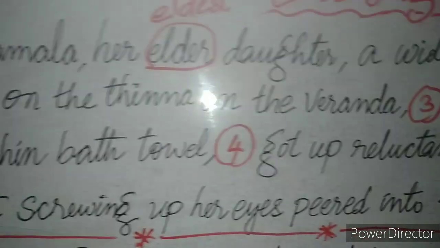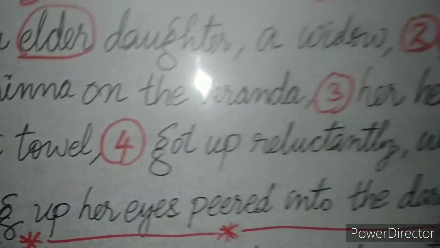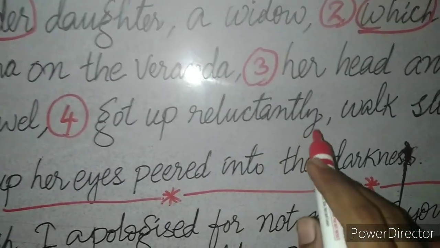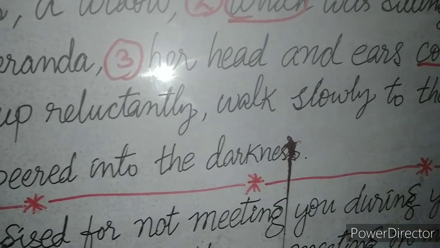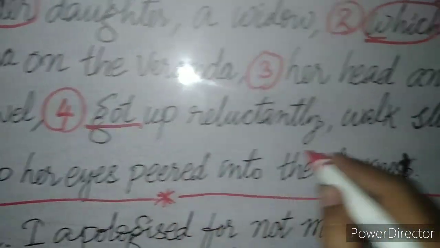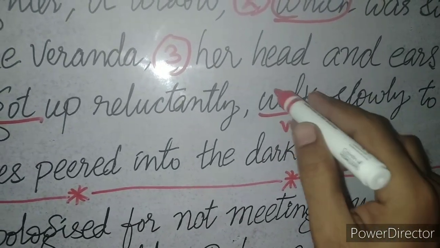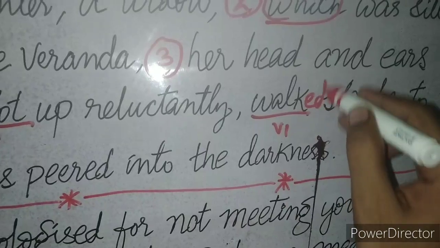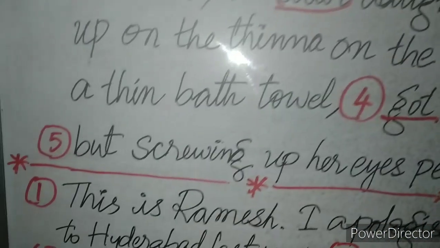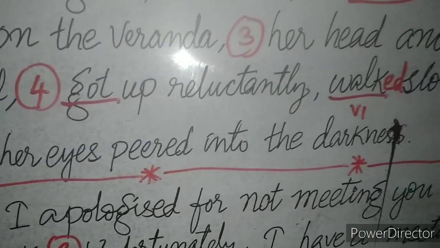A thin bath towel. Now the fourth one, got up reluctantly, walked slowly to the gate. Actually here we need verb 2, and here I used V1. It is wrong. We have to use the V2 form, walked. Now the fifth one, but screwing up her eyes peered into the darkness.